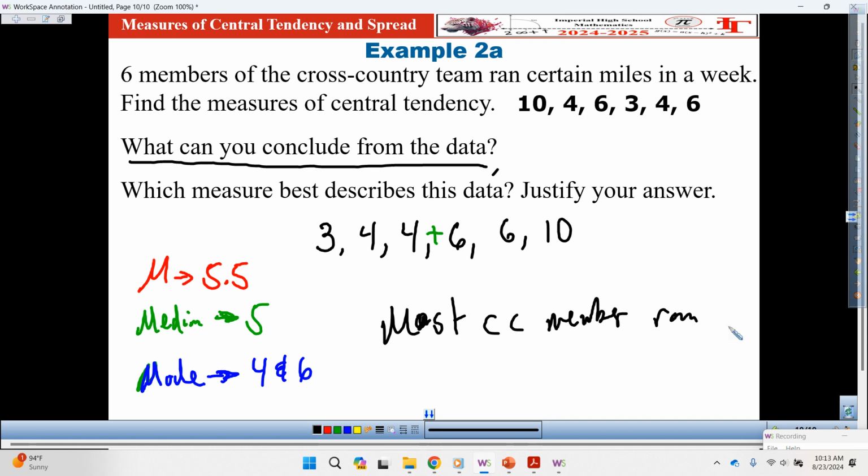Aaron A., where do you conclude? Look at this data. This is the total data, but this is what we got once we found the measures. What can you conclude? What observation? Most cross-country members ran about 5 miles for the week. That is correct.